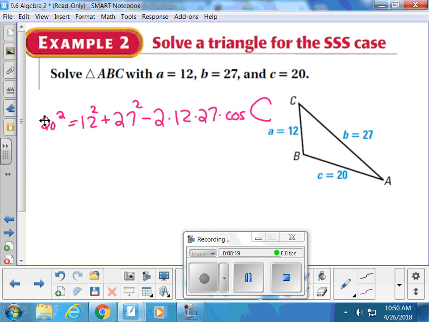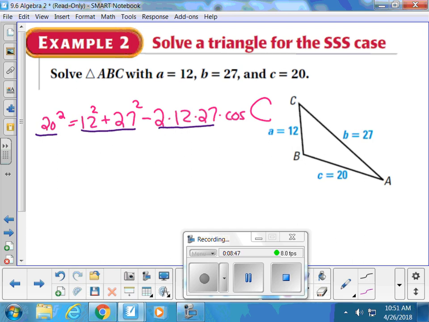Look at that. Our variable is embedded in that right-hand side with all that stuff. Do you think we could type in all this stuff at one time? Absolutely not. The most you'd want to type in at one time is this number, and then you can type in these two at once, and then you can type in these three at once. But you don't want to type in all of it at once. Okay? But I kind of underlined what you are allowed to type in at one time.